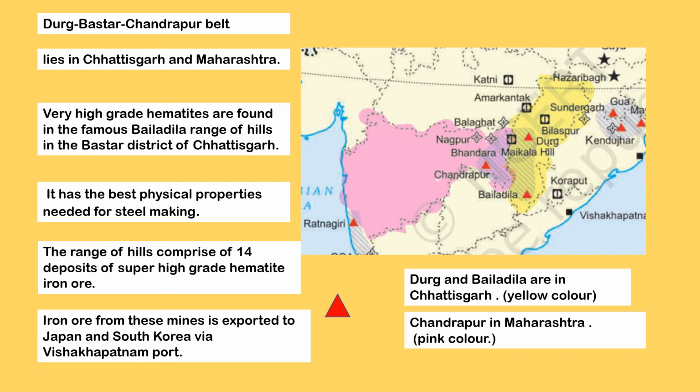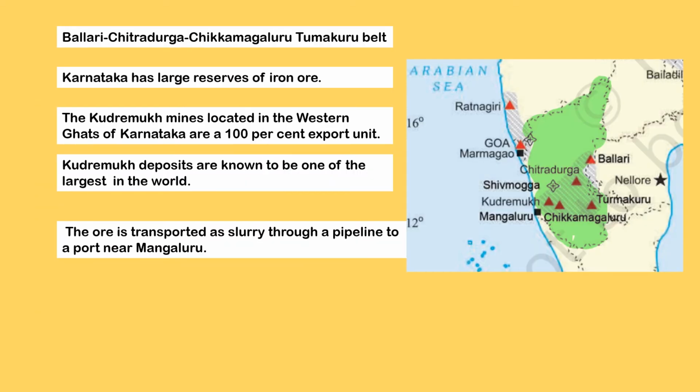What? Hematite. Where? It is found in Chhattisgarh. The range of hills comprises 14 deposits of super high grade hematite ore. Iron ore from these mines is exported to Japan and South Korea via Visakhapatnam port. So children, please learn nicely, take a printout of the map and practice.